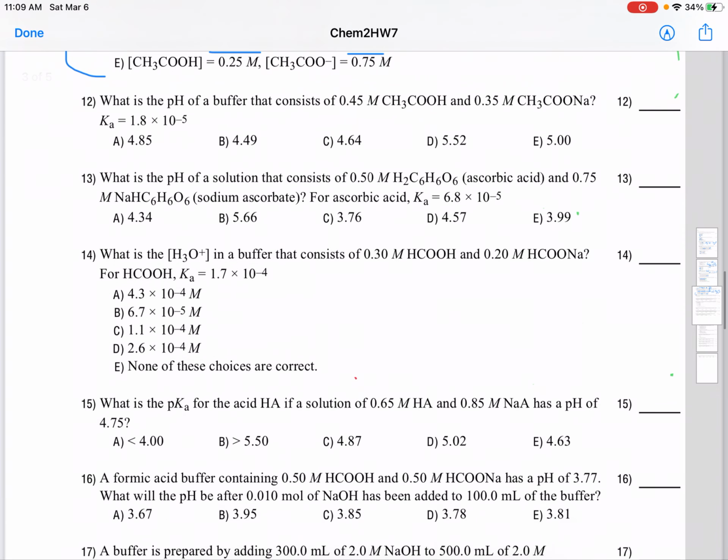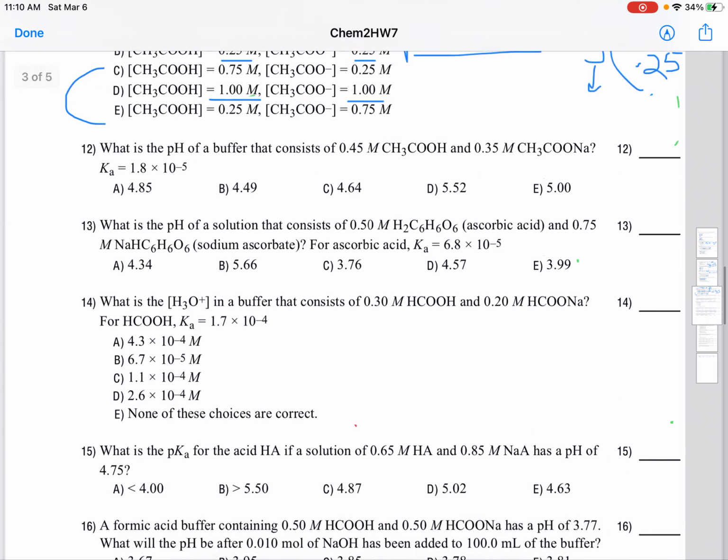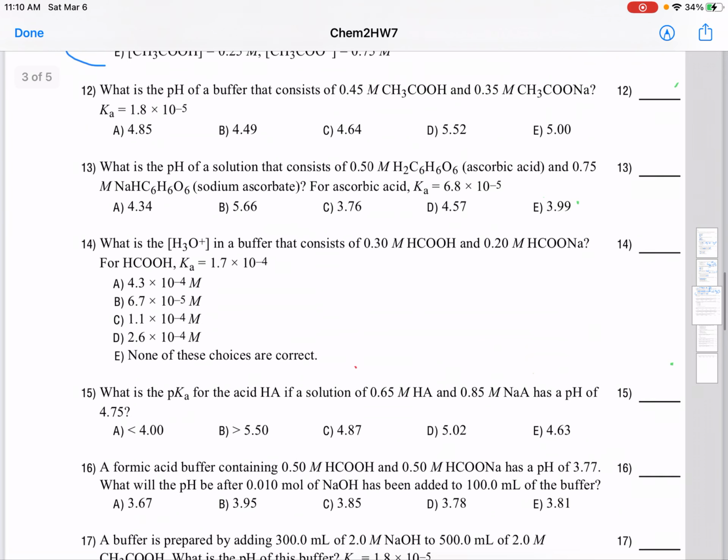Number 12. What is the pH of the buffer that contains 0.5 molar acetic acid and 0.35 molar sodium acetate? Again, we're going to be using this Henderson-Hasselbalch equation, which is pH equals pKa plus log base over acid.